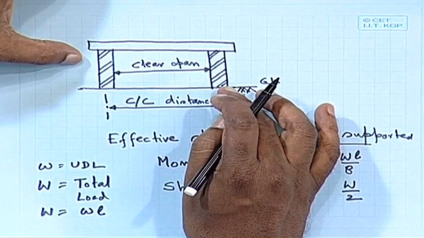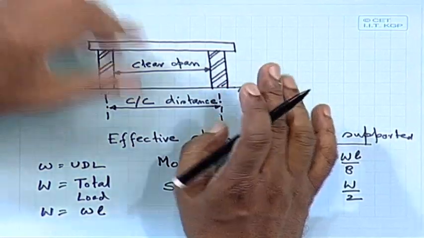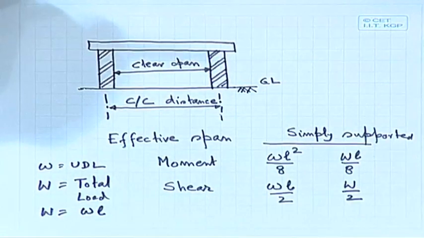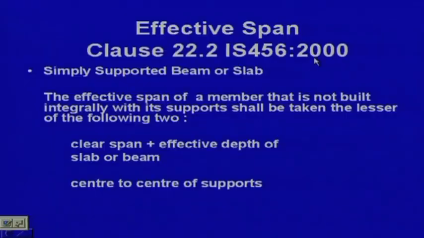And let us see what our code says, IS 456. We can take the effective span from clause 22.2 of IS 456:2000. In design classes, most of the time we refer to that code, because wherever we have any dispute, the code will help us solve that problem.